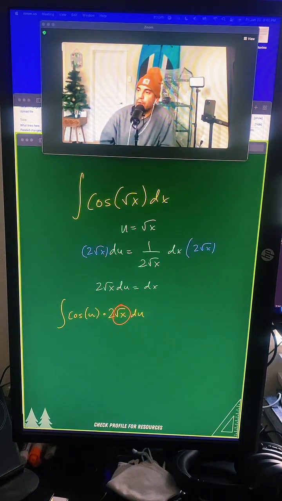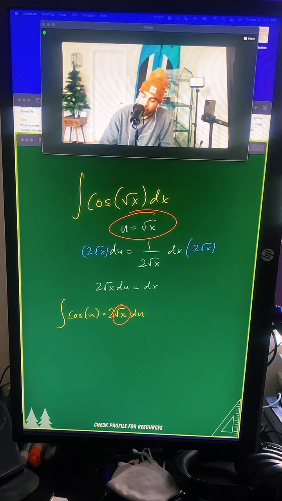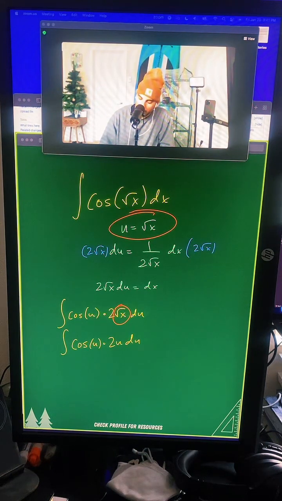Fuzzy Ball said, let's go ahead and replace it. Yes, I 100% agree. Since u is equal to root x, we can say the integral of 2u cosine of u du. Bernard, I'm just going to rearrange it.